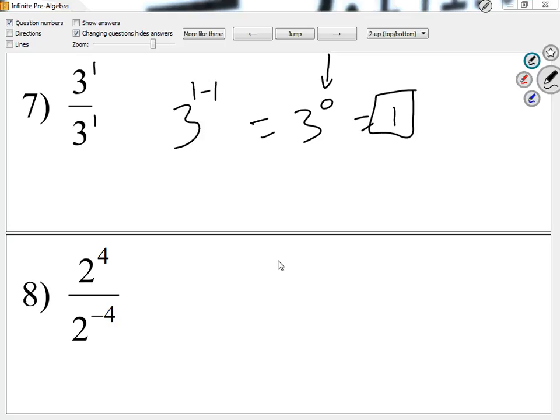I'm going to go 4 minus a negative 4. How much is 4 minus a negative 4? Positive 8. So I have 2 to the 8. Let me work it out. If you guys don't have a calculator, I strongly recommend you get one. Let me find out. 2 to the 8, and I get 256.